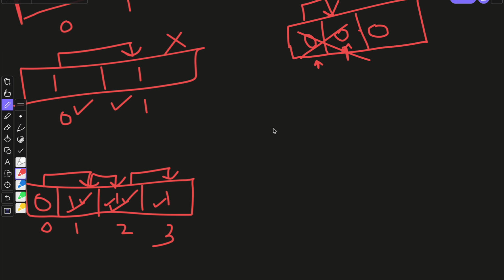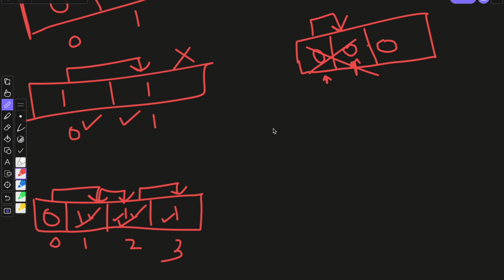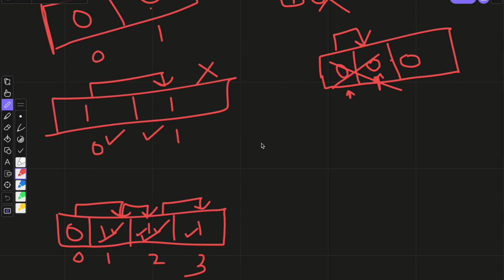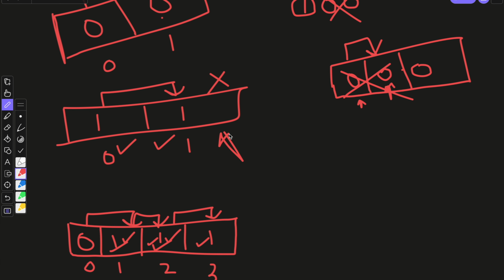Let's see another observation. From here we can see that there cannot be two consecutive ones if there is not at least one 0.